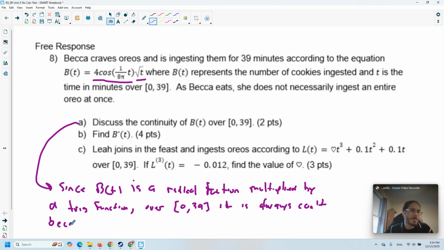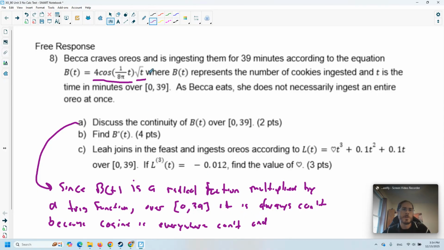Because cosine is everywhere continuous. From negative infinity to infinity, cosine always has a value.